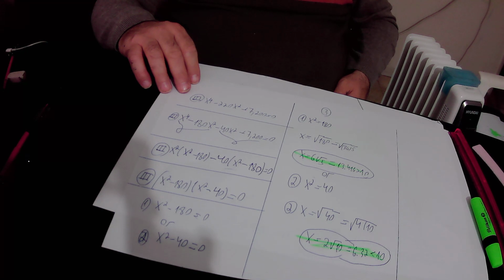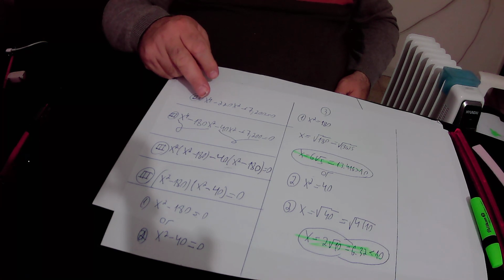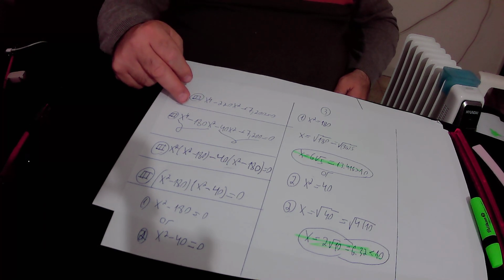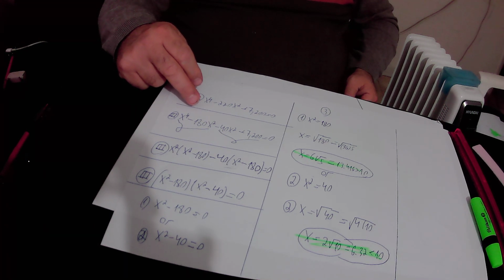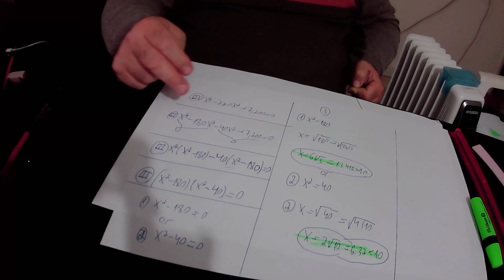Then we know that minus 220 is equal to minus 180 minus 40. So we substituted minus 220x squared by minus 180x squared minus 40x squared, and we got that x to the power of 4 minus 180x squared minus 40x squared plus 7,200 equals 0.